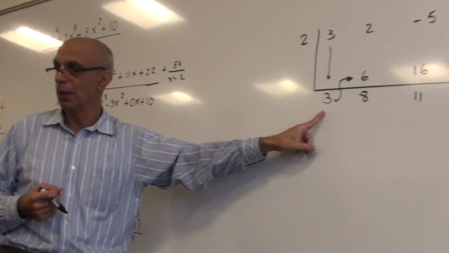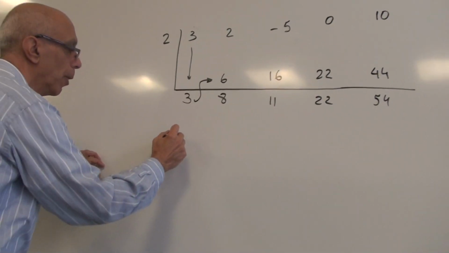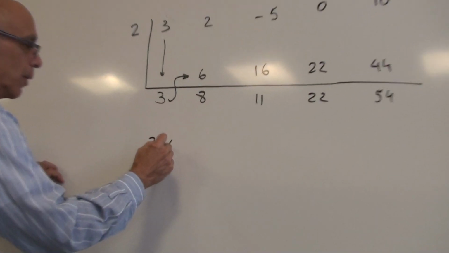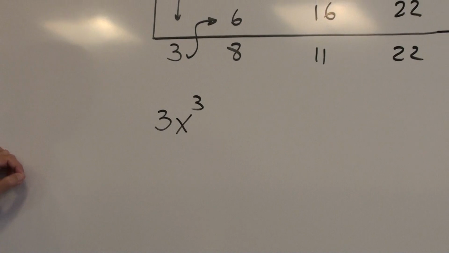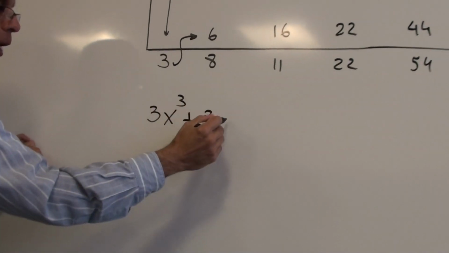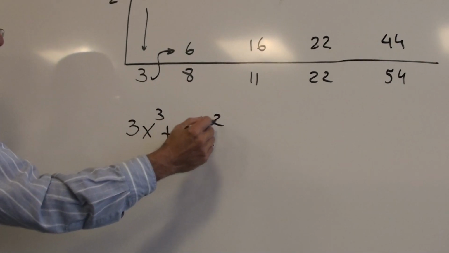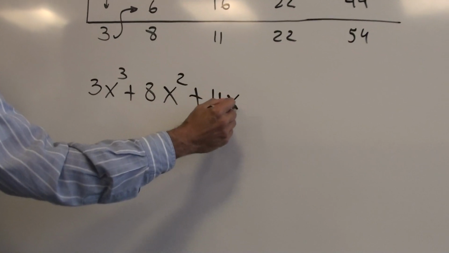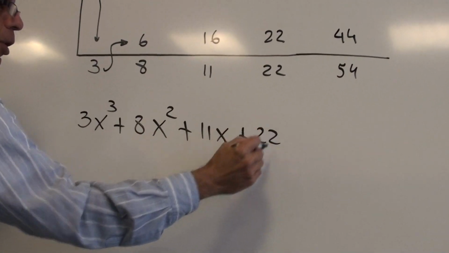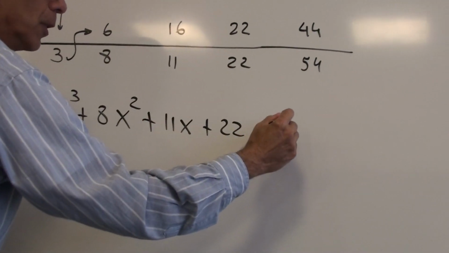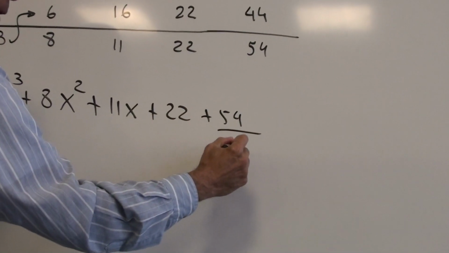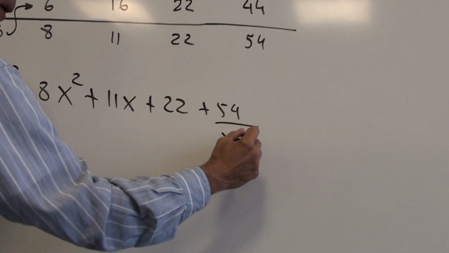So this is the first coefficient of the new polynomial, that is 3, right? 3. What is the next one? 8x squared. What is the next one? 11x. Next one is 22. And this is, of course, the remainder that I just set up like that.